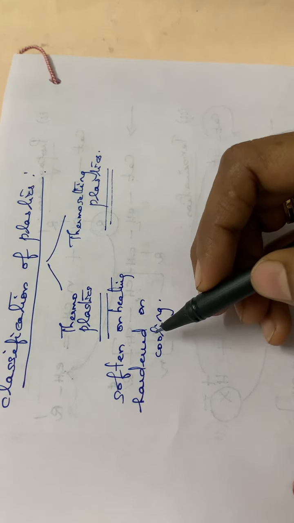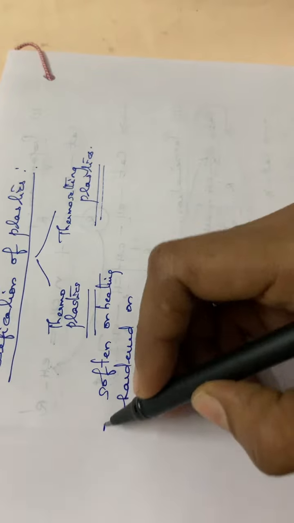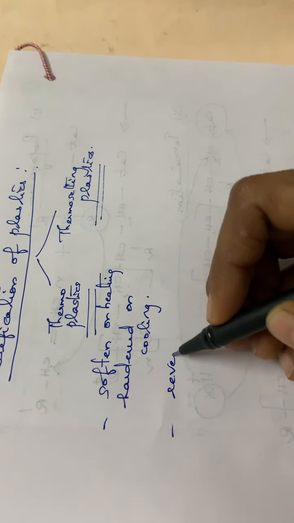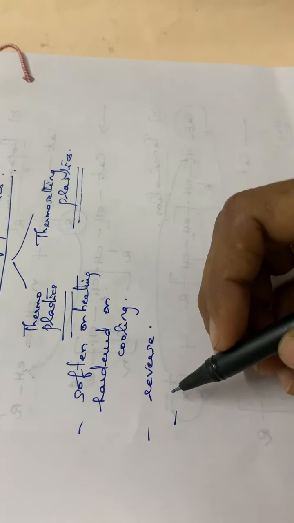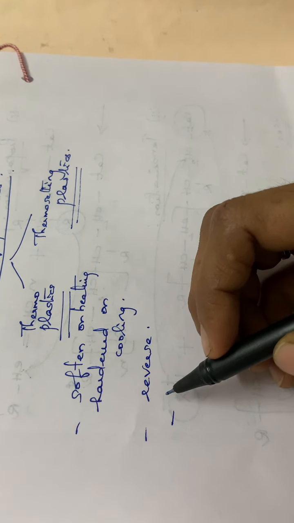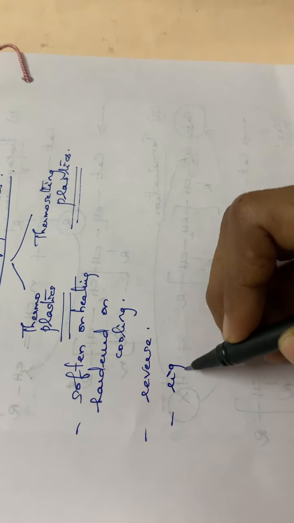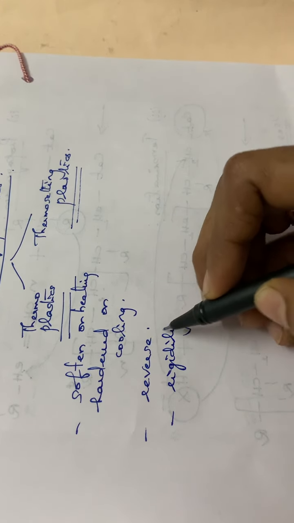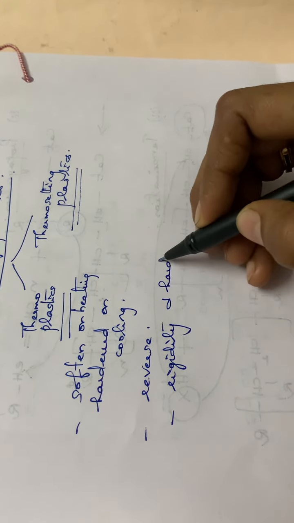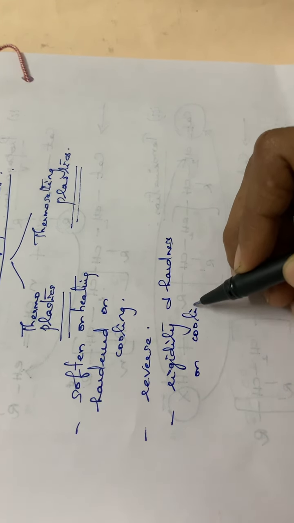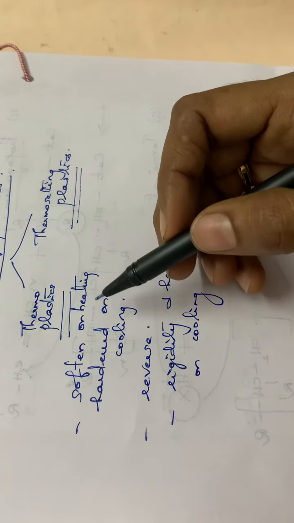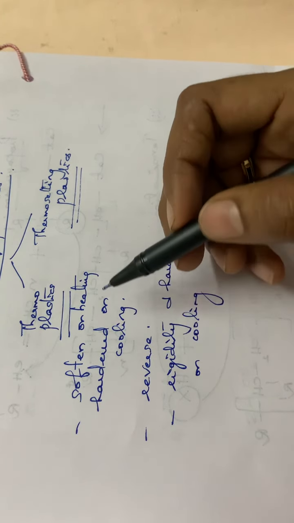If we heat it again, it will be softened. So it is a reverse process. On cooling, it regains its original rigidity and hardness. So thermoplastics can be softened on heating and hardened on cooling.